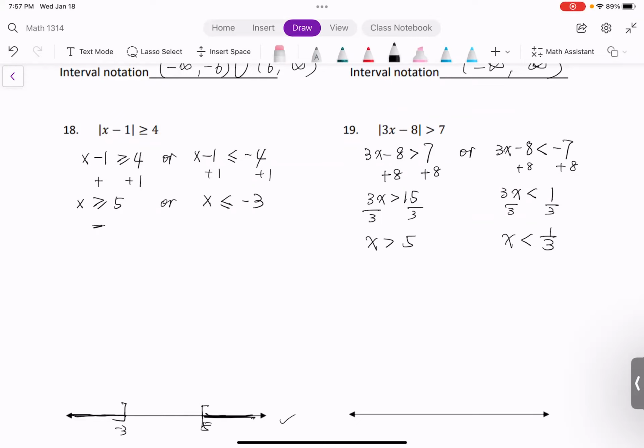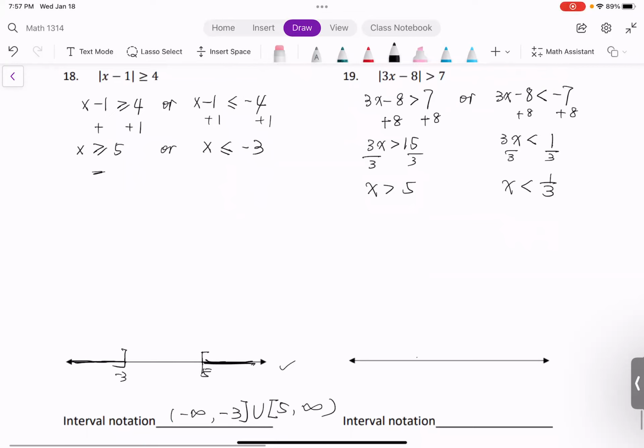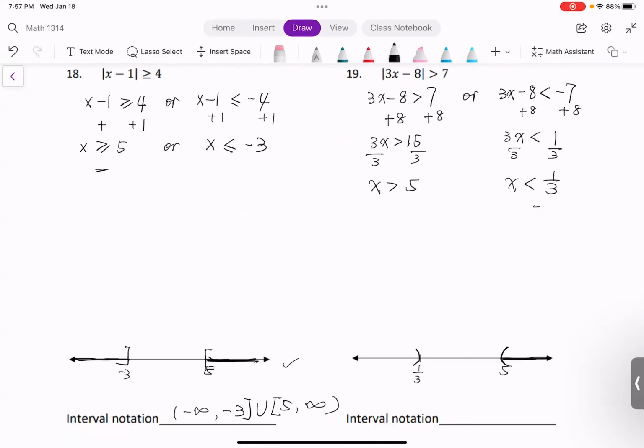Let's find them on the number line. Here is 1/3. Here is 5. Greater than 5, there's no equal sign, so we have parentheses. Highlight this area. Less than 1/3, so we need to highlight all the numbers on the left-hand side of 1/3.